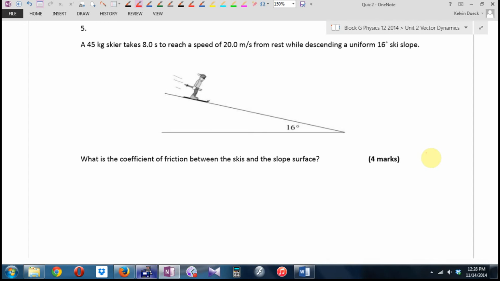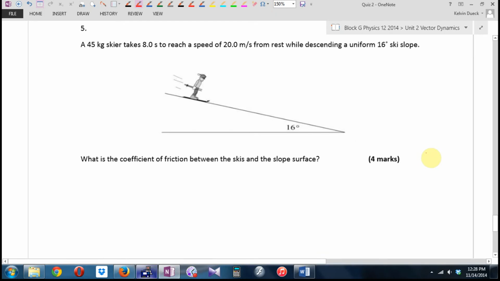Number 5, also asking me to find mu. Okay. Any suggestions on how I might start this? Find the acceleration. How would I do that? Well, it turns out I have enough information to find the acceleration without going forces.